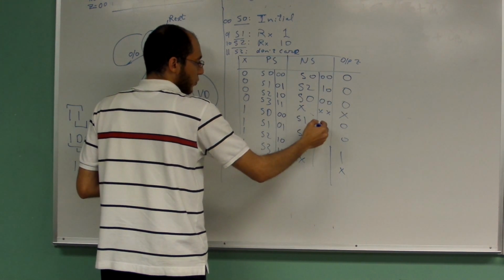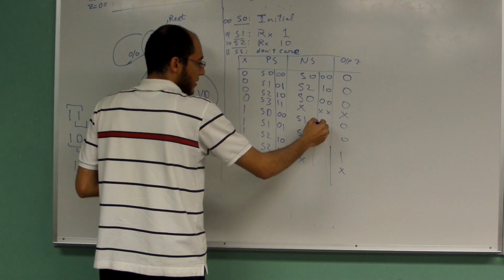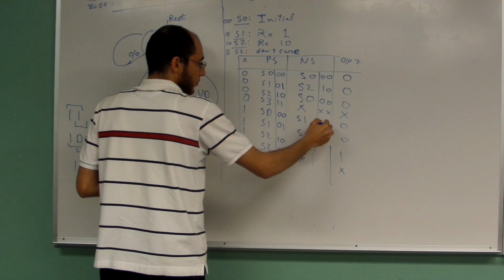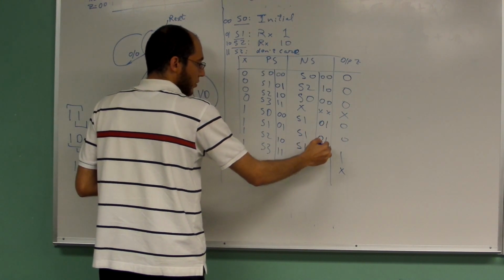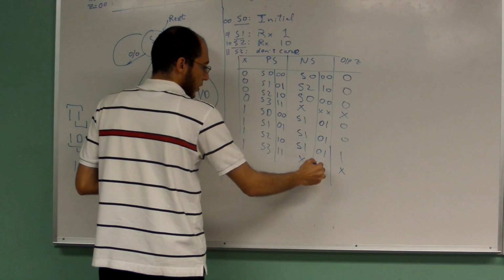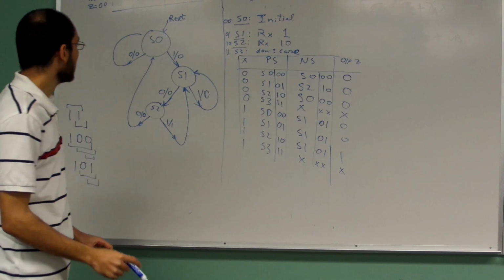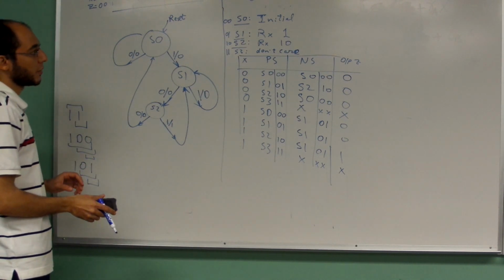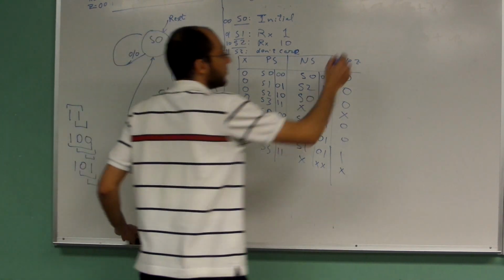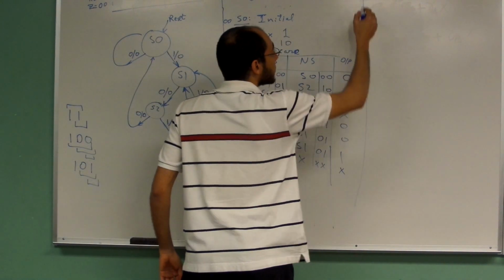I do not care which state to go to. That's a 0, 1, 0, 1, 0, 1, and then don't care. Okay? To the state, to the K-maps.